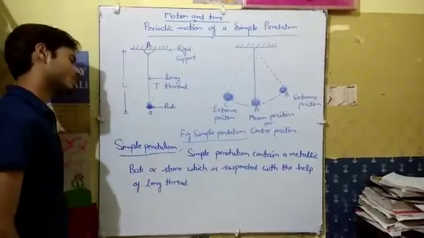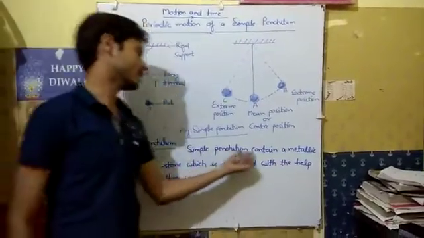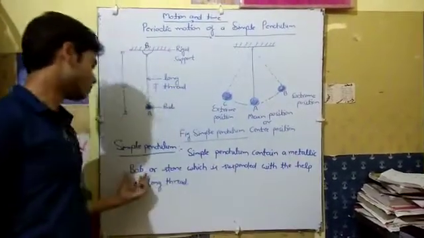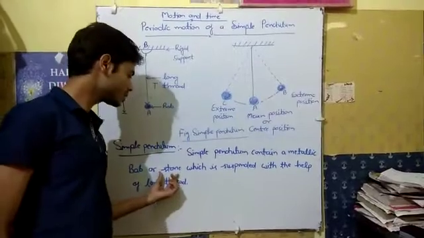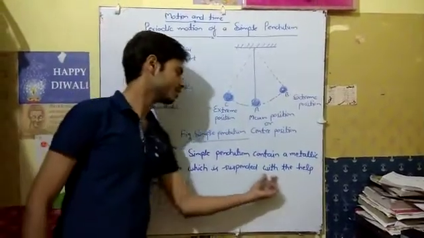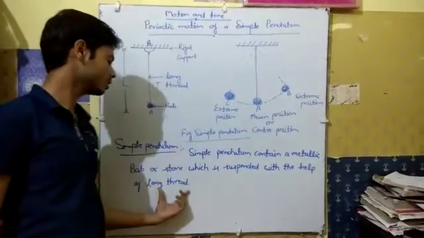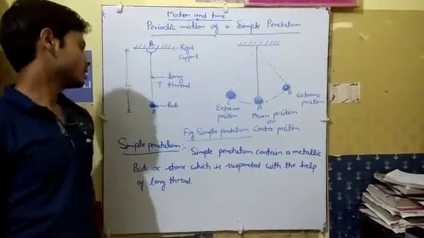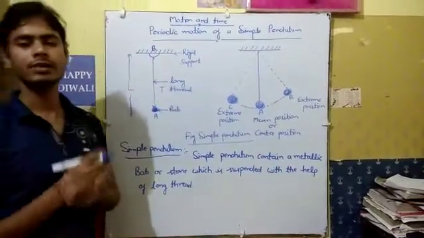So what is the simple pendulum? A simple pendulum contains a metallic bob, or we can say a stone, which is suspended with the help of a long thread.